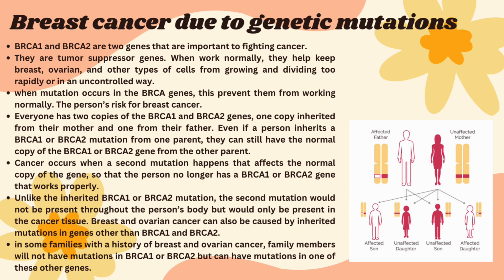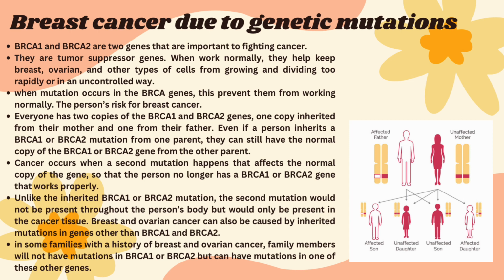Firstly is BRCA1 and BRCA2. These two genes are important in order to fight cancer. These are tumor suppressor genes, so when they work normally, they help to keep the breast, ovarian, and other types of cells from growing and dividing too rapidly or in an uncontrollable way.